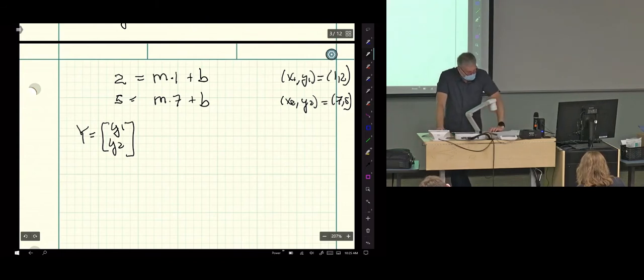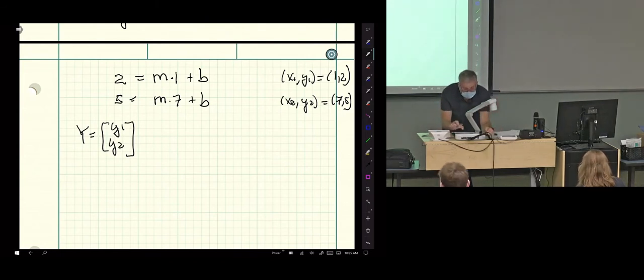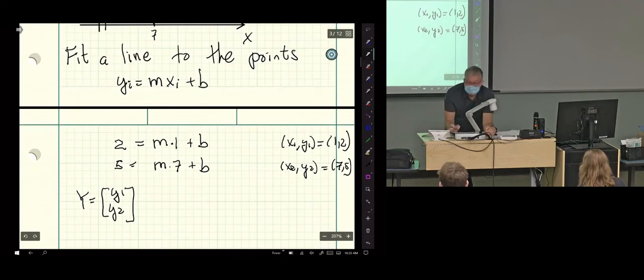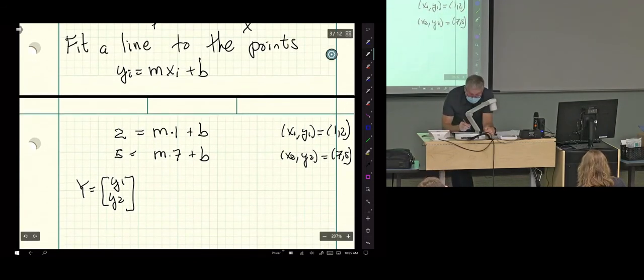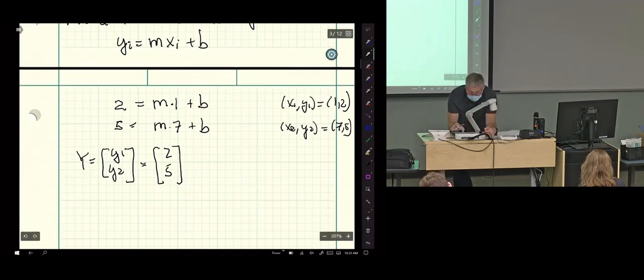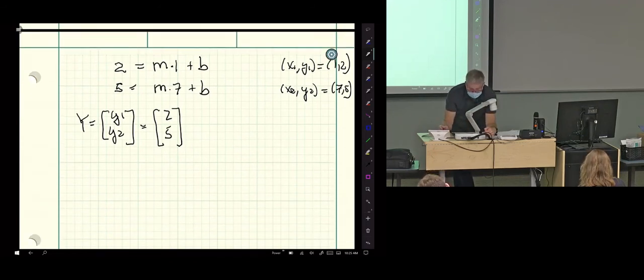I'm going to call capital Y, Y1 and Y2. Does that make sense? Okay. And so for us, that's the vector 2, 5. That's going to form the right-hand side of our Ax equals b type thing.